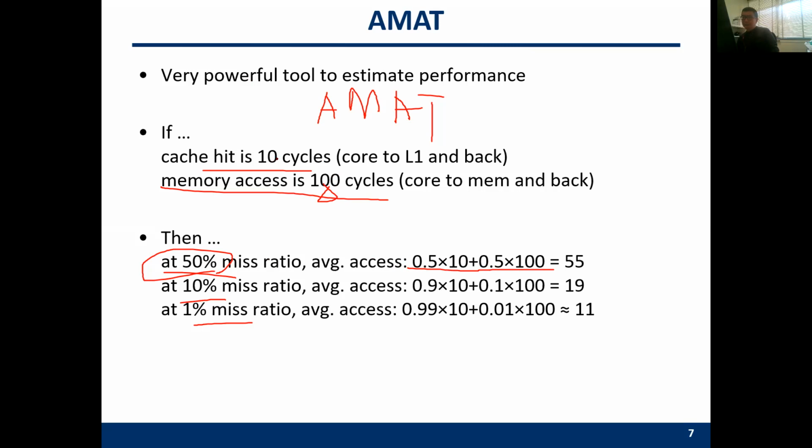Another 50 have this 10 cycles. This is my average latency. So if 10% will miss, then this is 0.1. This is 0.9. If 1%, this is 0.99. This is 0.01. So you can see that with a smaller miss ratio, the average memory access latency is significantly reduced.